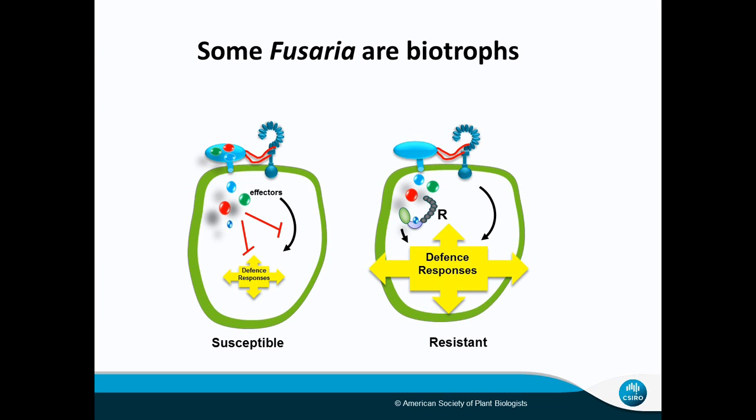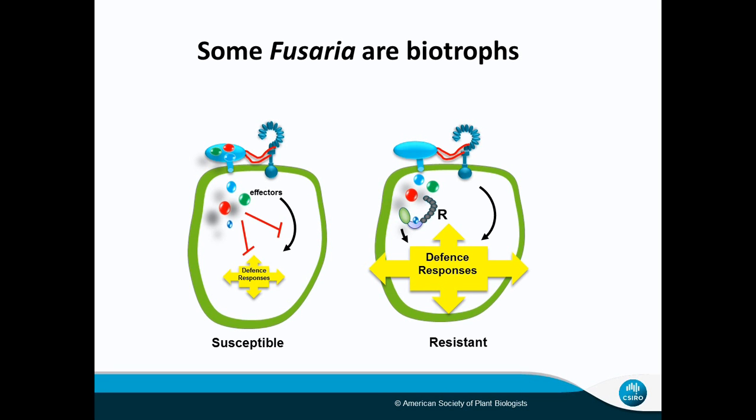Just an overview of this type of interaction: when biotrophic pathogens infect the plants, they release molecules called effectors, which can be very diverse and can suppress plant defense responses.